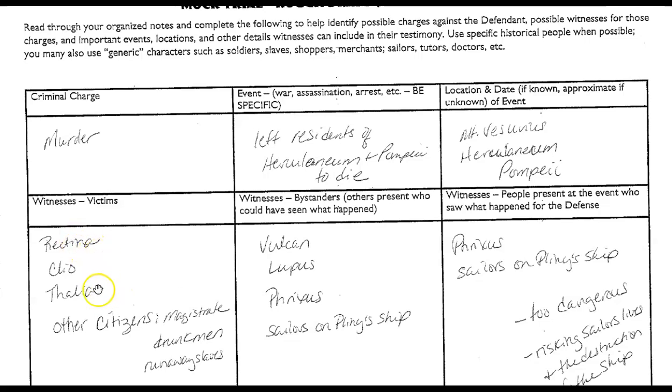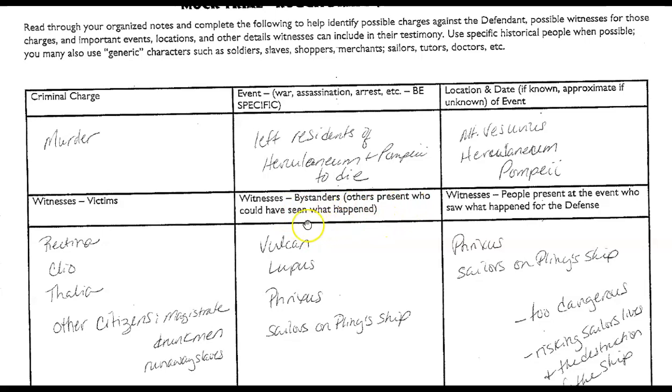So the residents, other citizens, the magistrates in the cities, the drunk men that we encountered in the book, runaway slaves. You don't have to come up with names like I did with Cleo and Thalia, but you want to start thinking about who was there, right? You could create a character, like our author created Cleo and Thalia and these characters in the story. You're going to do the same thing.